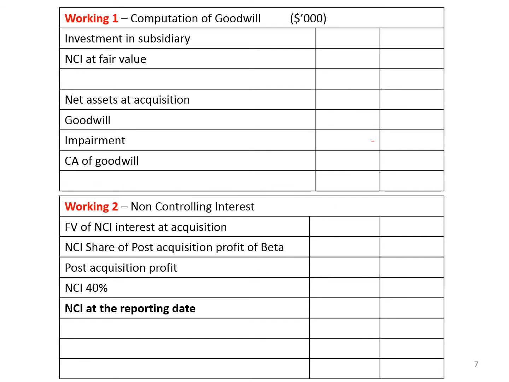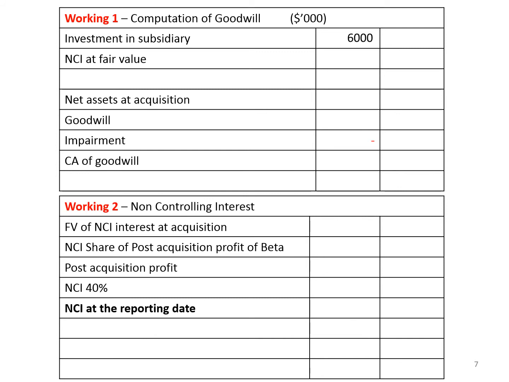First, we will work for computation of goodwill. When it comes to compute goodwill, we will first identify the investment made by the parent company in subsidiary 6,000. It appears in the parent company, that is Alpha Limited statement of financial position under non-current asset.